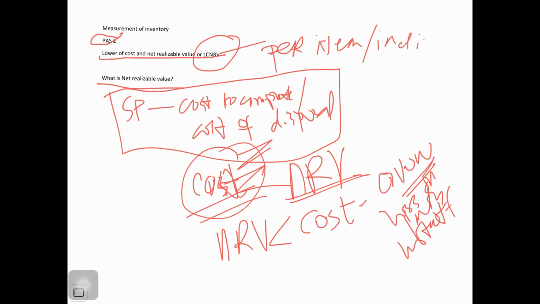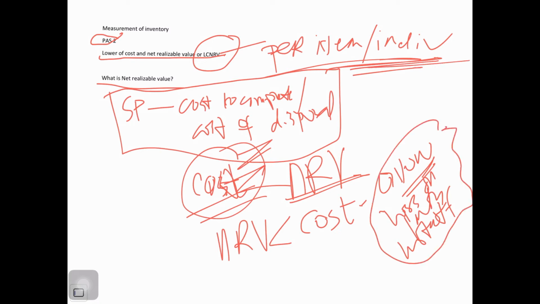So, for each inventory, LCNRV: inventory 1, LCNRV, inventory 2, LCNRV, inventory 3, and so on. So, per item here, guys. And we should record these allowance and loss, guys.